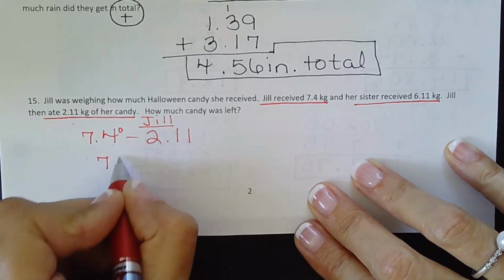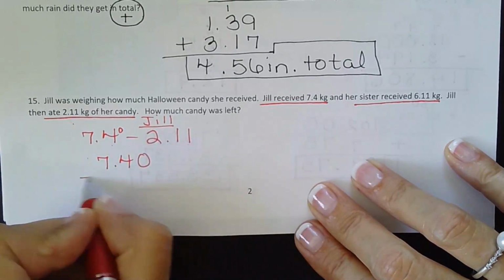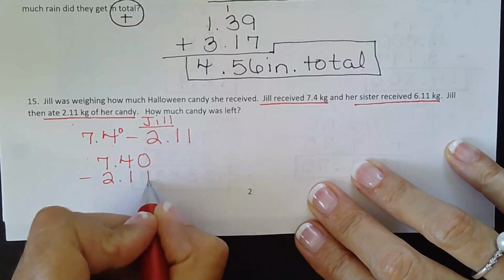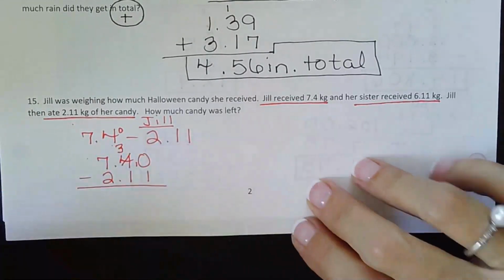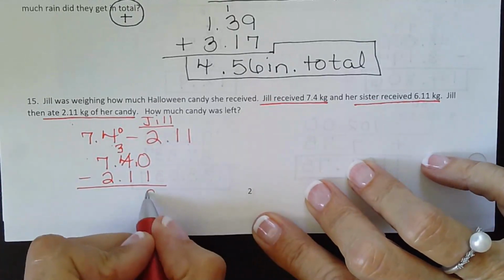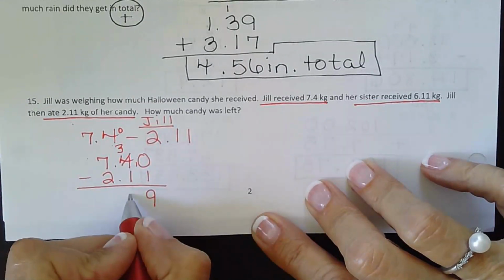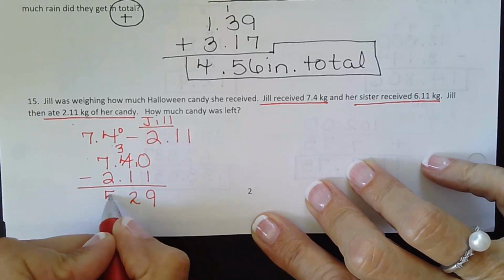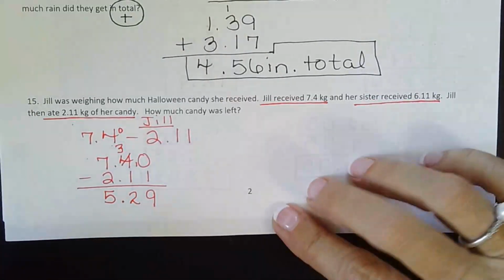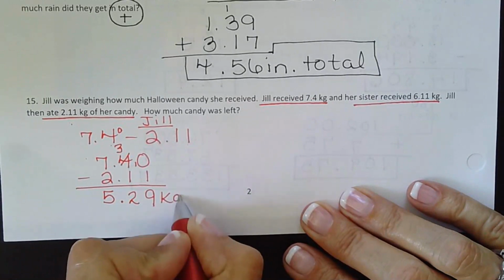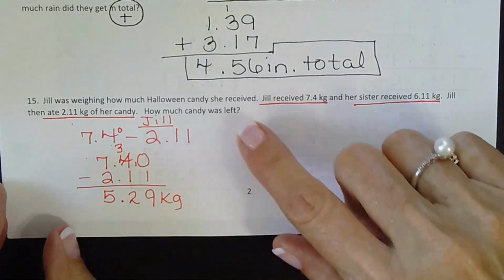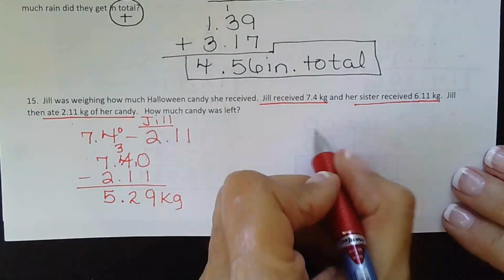So 7.40 minus 2.11. 10, 4, make it a 3 because we need to borrow. 10 minus 1 is 9. 3 minus 1 is 2. So Jill has 5.29 kilograms left.